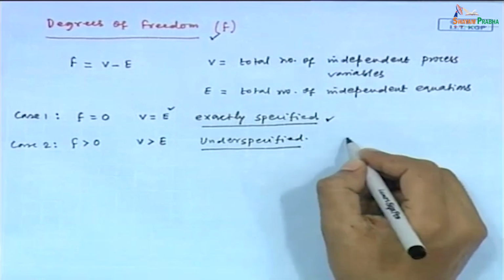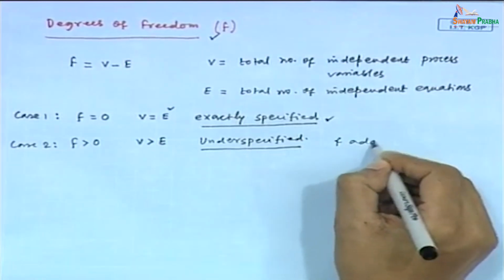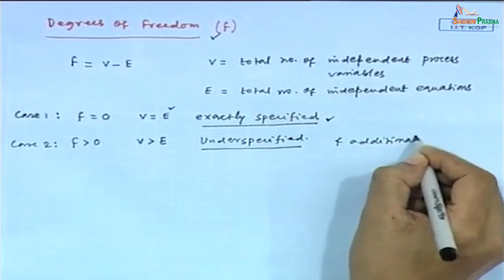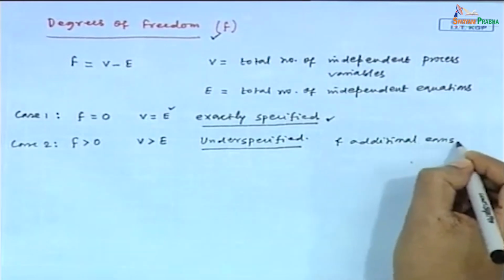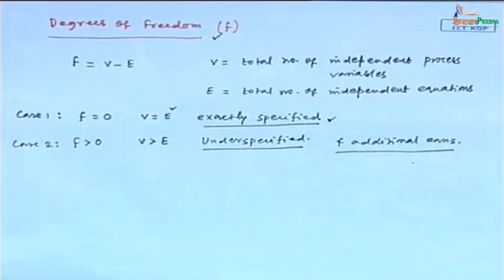By the inclusion of F number of additional equations. So, to make the underspecified system exactly specified, we need F additional equations. Then we can get the solution of the modeling equations.